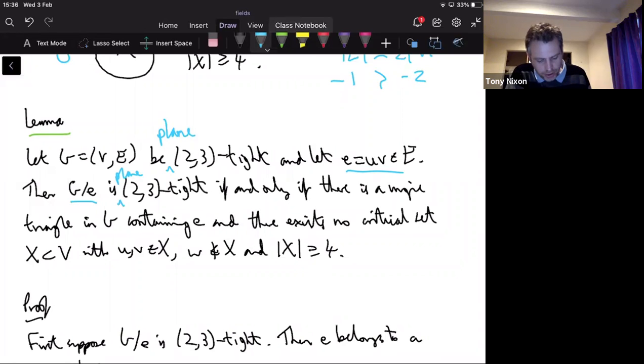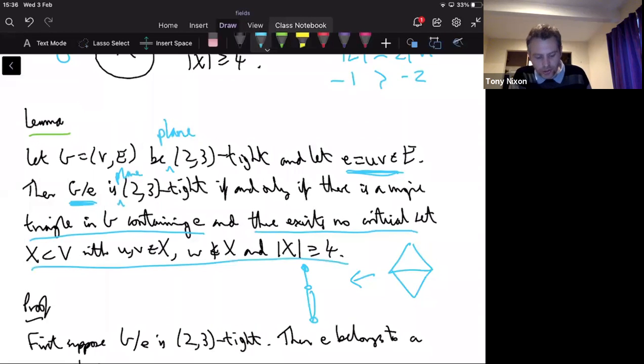So take a 2-free tight graph with an edge E equals UV. Then G contract E is 2-free tight if and only if there's a unique triangle in G containing E, so that stops us having this contraction, which would have caused an issue, as I said. And the second thing is there is no critical set with the properties we just talked about.